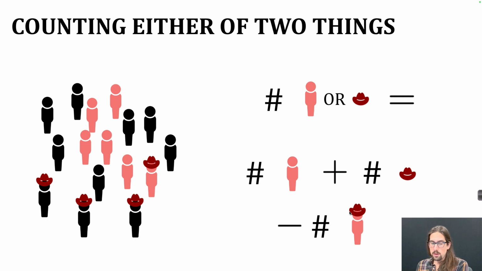What I'm showing you here is that another way to count to 9 is to count first how many pink people there are, then add the number of people who are wearing hats, and then subtract off however many people you double counted. If you count first 1, 2, 3, 4, 5, 6, and then count 1, 2, 3, 4, I've counted this little guy here twice because they are wearing a hat and they are pink. So to get rid of it, I need to uncount them, and the number of people that I'll have double counted is exactly the number of people who are both wearing a hat and are pink.